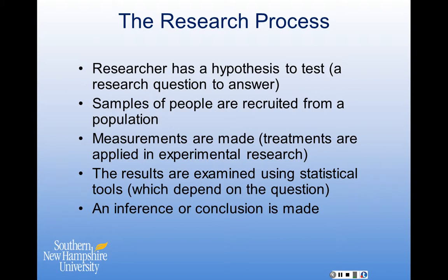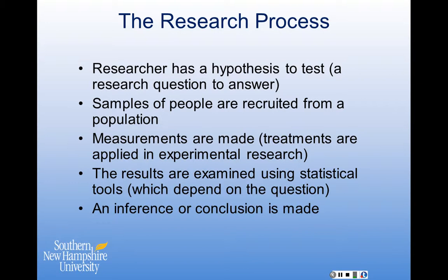Then measurements are made, or sometimes in experimental research, treatments are applied. The results are examined using the statistical tools which we will talk about in this class. Those tools often depend on exactly what that research question is, maybe what treatments were applied, how many experimental groups there were. Finally, a conclusion is made based on what is found in that sample. And remember, the sample is the small group of people who actually had measurements made on them.